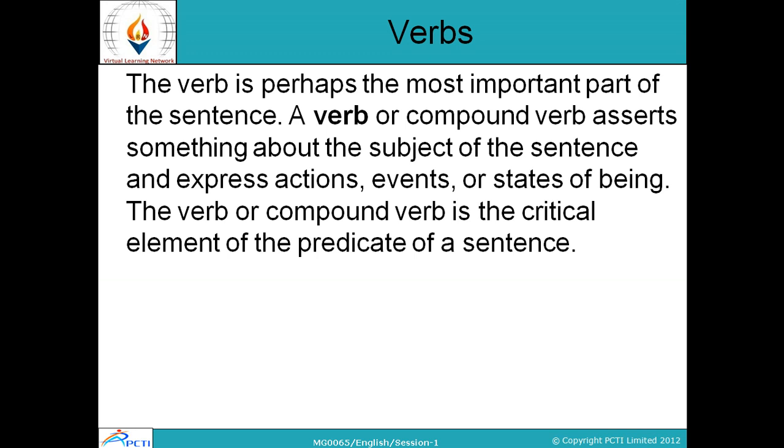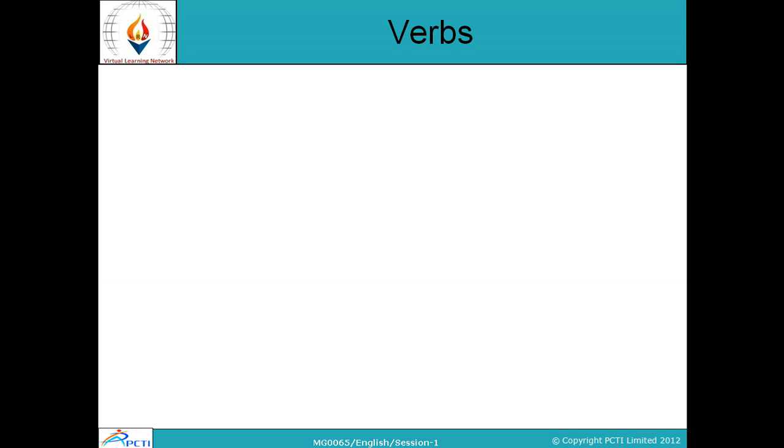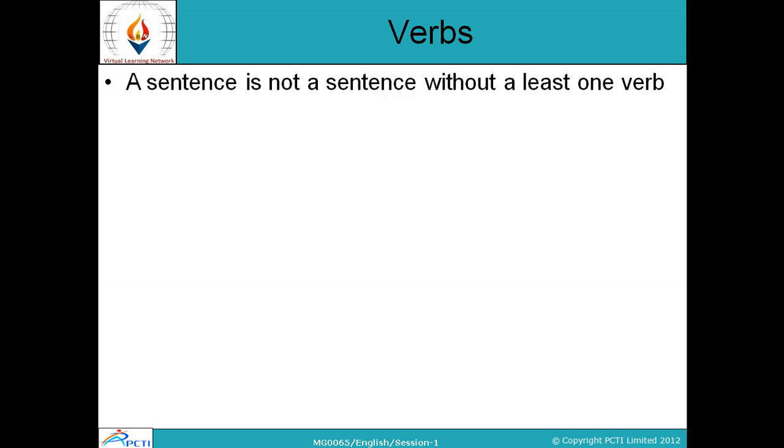Subject जो कर रहा होता है sentence में और express करना actions को, events को और states of being. The verb or compound verb is the critical element of the predicate of the sentence, right? Like a sentence is not a sentence without at least one verb. Sentence पूरा sentence नहीं होता है, उसके लिए एक verb होना बहुत ज़रूरी है.